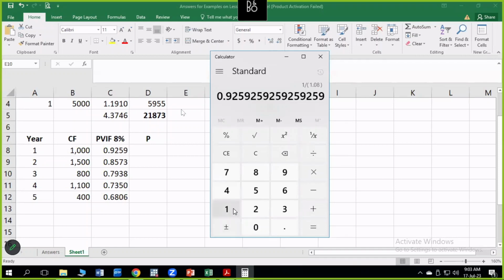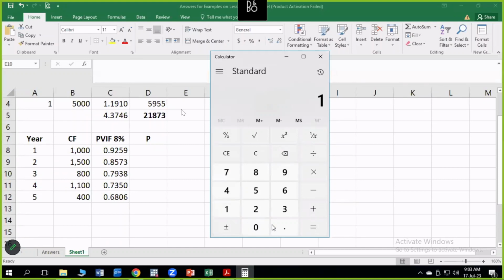For the second, you must have 1.08 squared, and you want to have 1 over it: 0.8573 as the approximation.